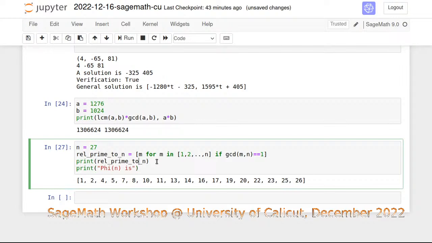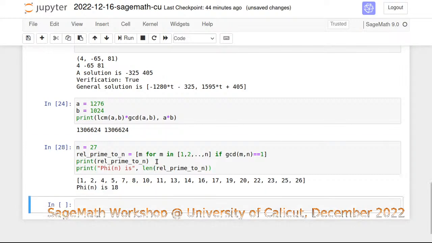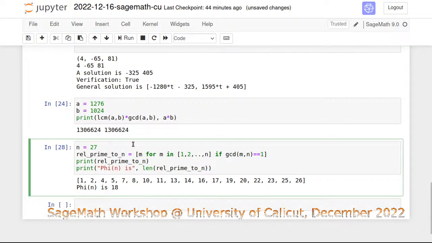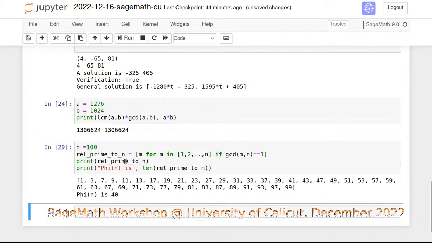Just take the number of elements in this set. Fine. Yeah, that's right. Phi n is this. Phi n is 80. So directly also we can do.